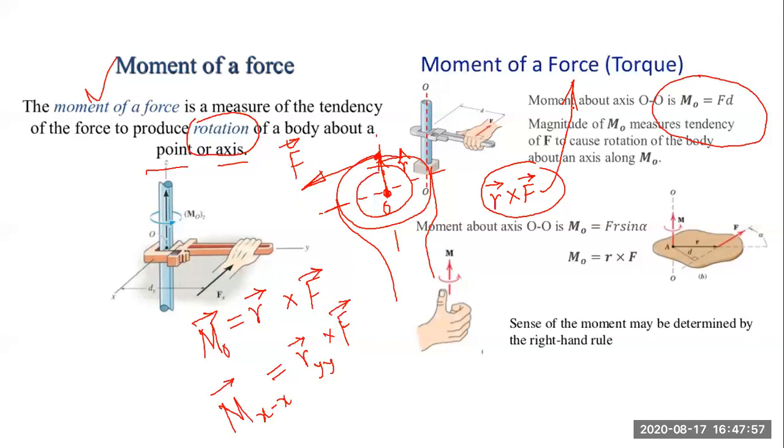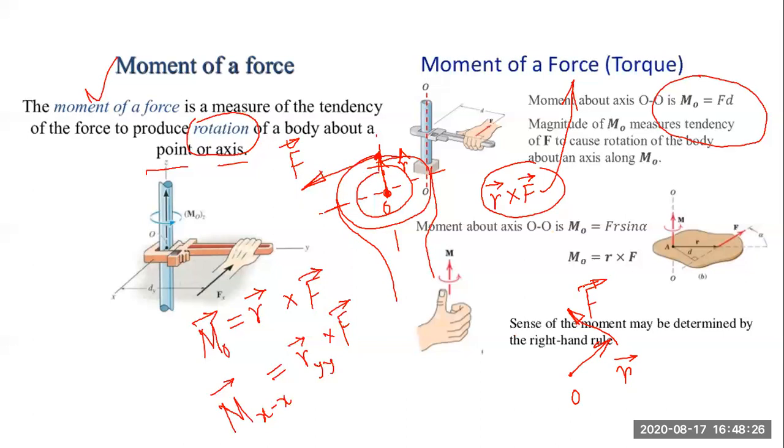Now, if you can see, this is the point O. This was the radius of turning R. After that, there is a force F. And in this case, R and F are perpendicular.